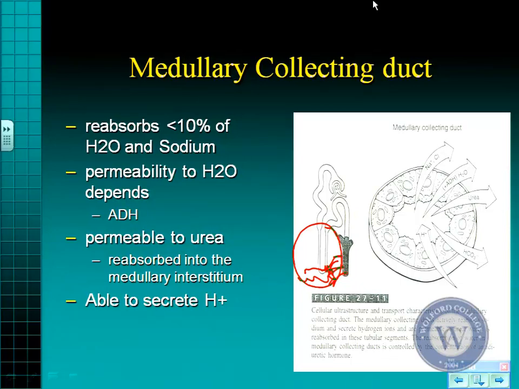Okay? I don't know if you've ever been in the desert. You can actually smell the rat feces. You can smell it. Okay? You can actually smell the urea in it. Okay, so it's actually very heavily concentrated.